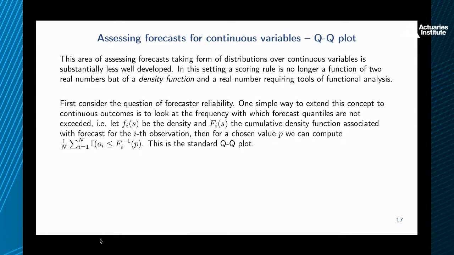Unfortunately, the literature is quite a bit less complete, and what's there tends to be quite abstract. That's for the simple reason that before, the scoring rule was just a function of two real numbers, very straightforward, you can plot it. Once you move into continuous variables, the score becomes a function that takes a distribution and a number. So it becomes full of integrals and more abstract treatments.